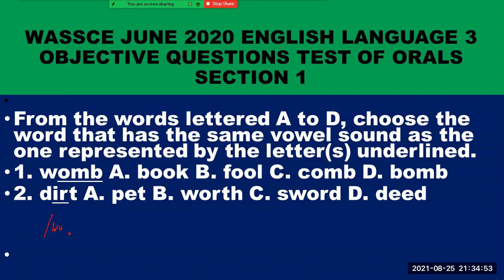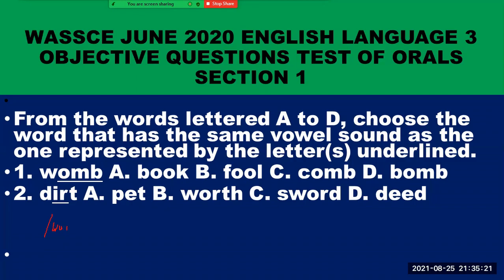When you actually understand the exact sound, then you will be able to find the exact option. Now, when you look at womb, you see that it contains the long U sound.